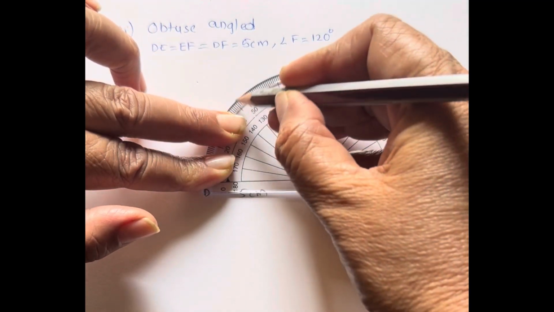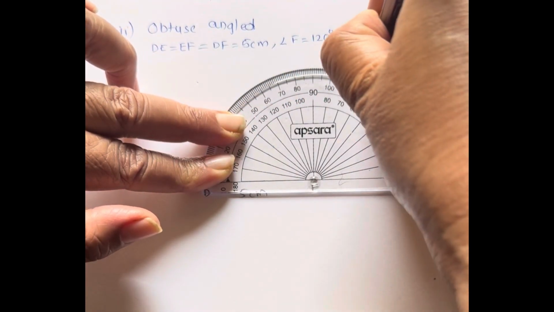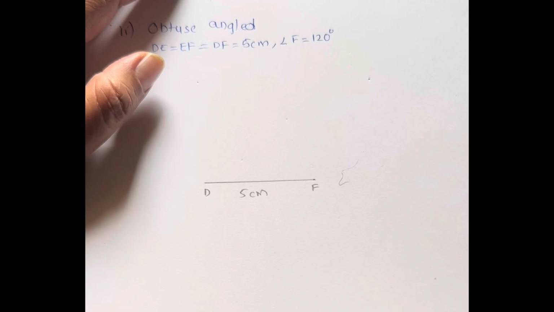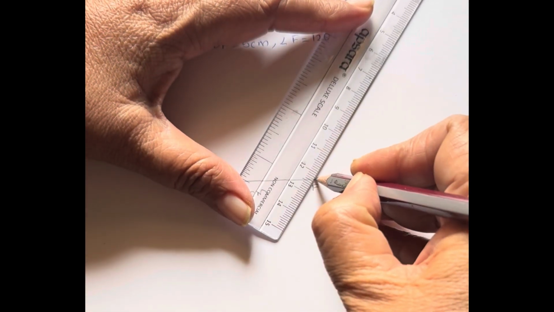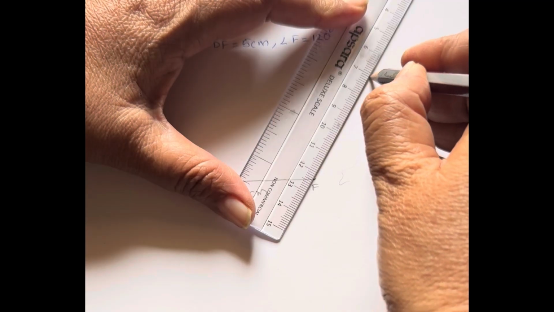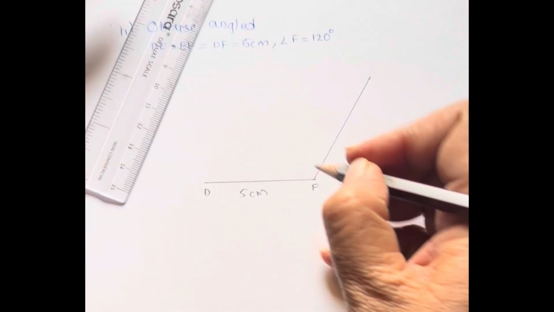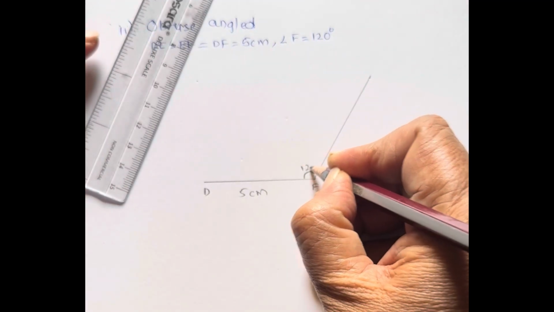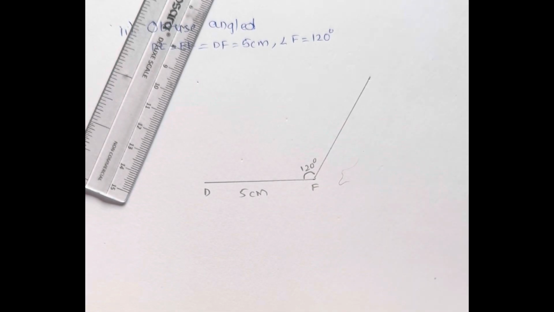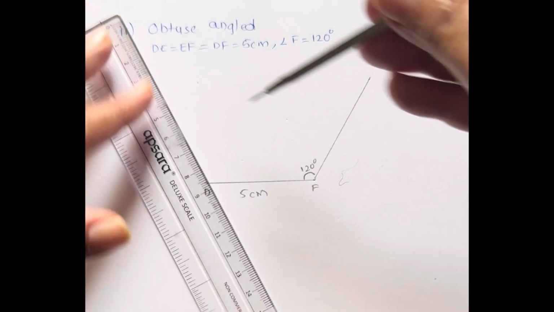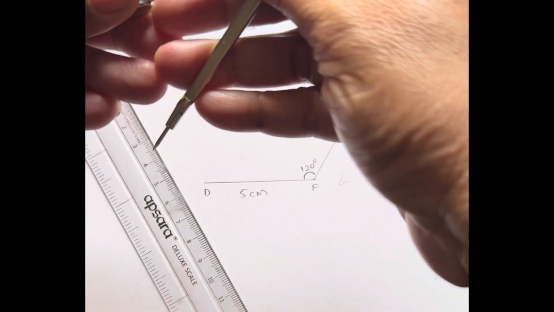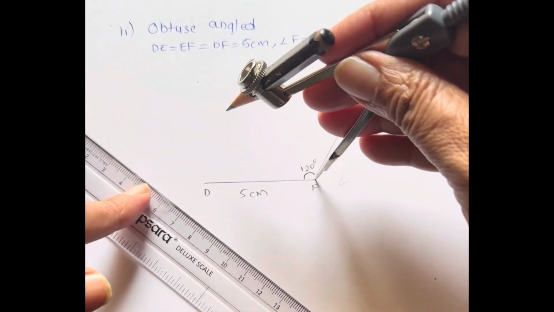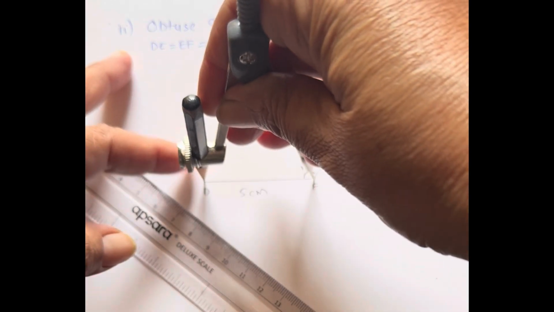Now see this, you have to be careful. You have to see the outer scale in this case. So this is 120 degree. Fine. Now we want the other two sides as 5 centimeter. So we can take this only as 5, yes.